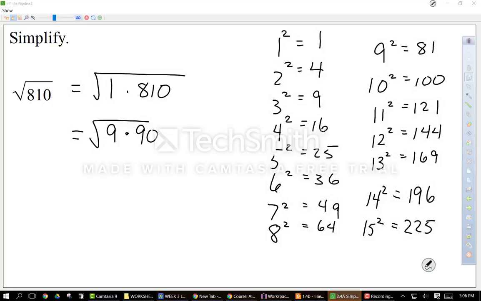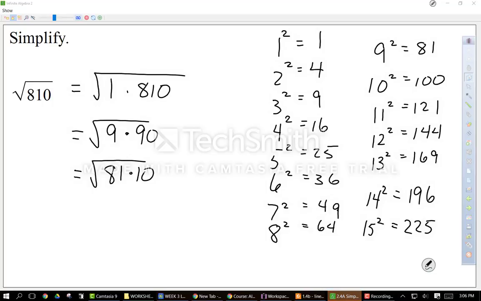What about 16? That cannot go into it either. What about 25? That cannot go into it either. What about 36? That cannot go in either. What about 49? Nope. What about 64? Nope. What about 81? That is true. 81 times 10.